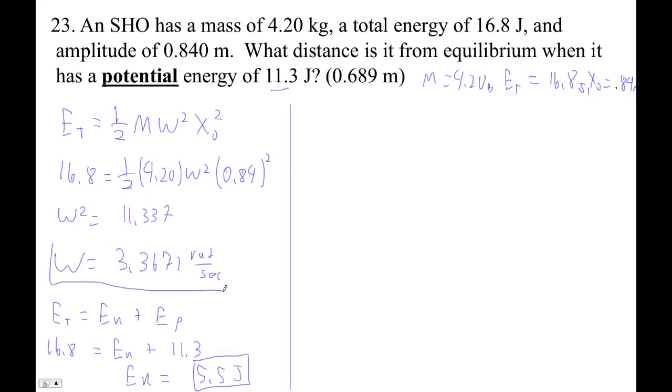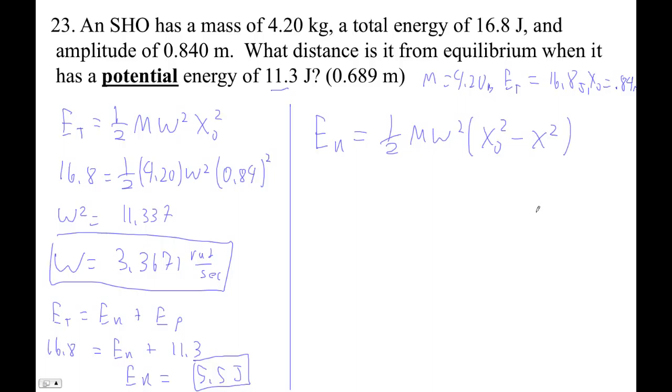So now we have omega, we have what the kinetic energy is, and now I think we can use the $1 million formula, right? It's 1/2 m omega squared. You poor kids, I'm setting the bar kind of high here. I think you can do it though.